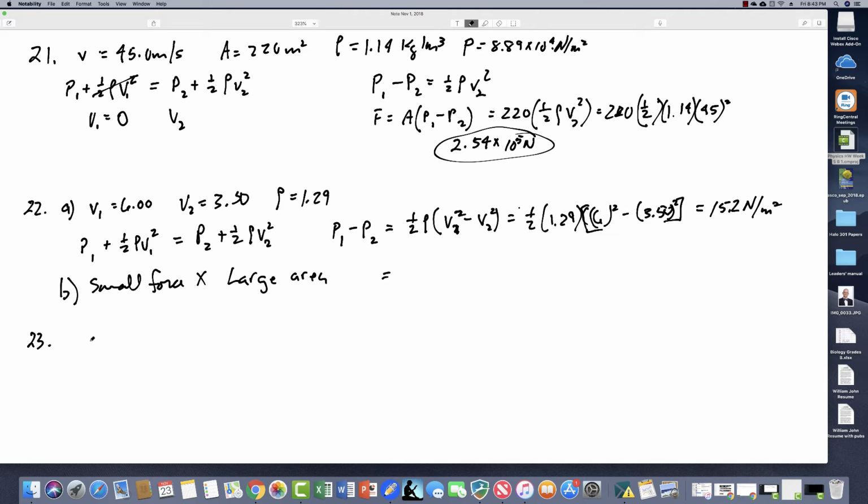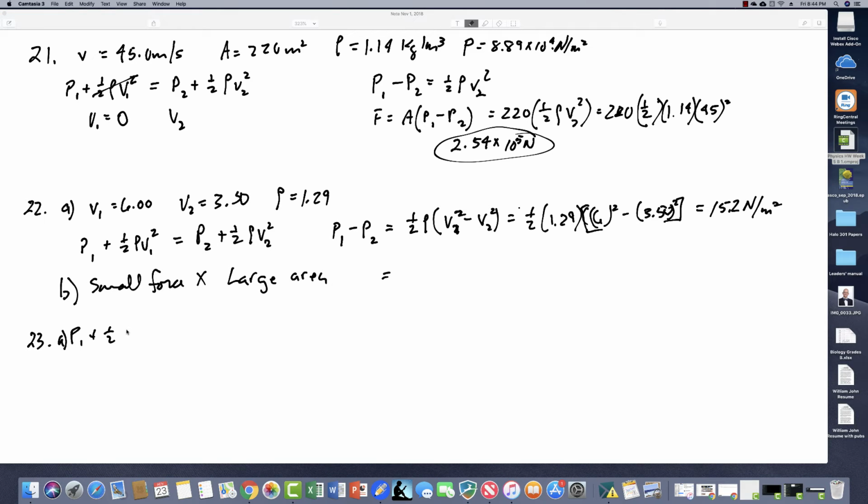we again use Bernoulli's equation, and for the first part, we're going to assume there's no change in height. So we have P1 plus 1/2 rho V1 squared is equal to P2 plus 1/2 rho V2 squared.